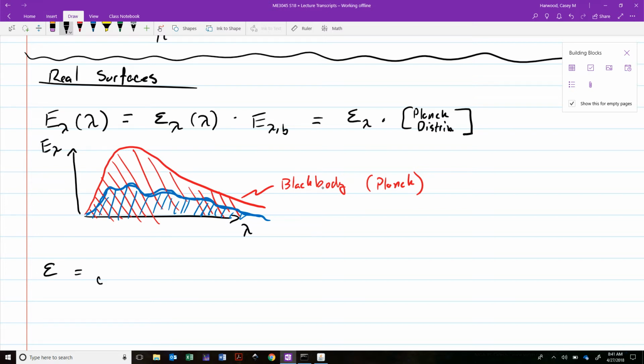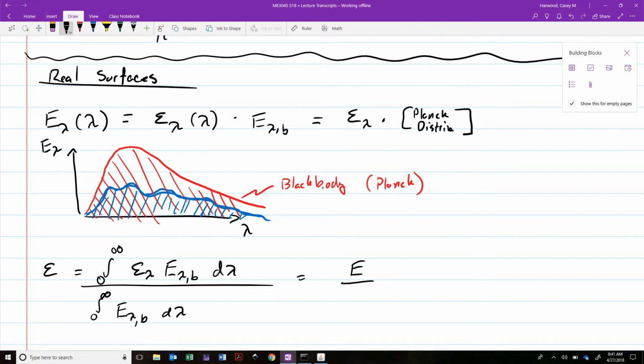So the integral from 0 to infinity of epsilon lambda E lambda B d lambda over the integral of E lambda B d lambda, which just works out to be E over E B. So there's our definition of emissivity and our notional expression of what the spectral emissivity is.